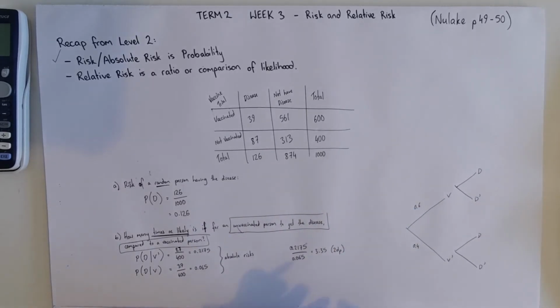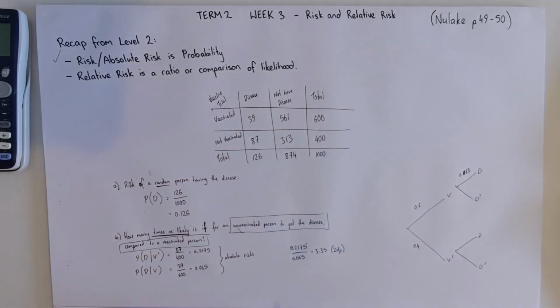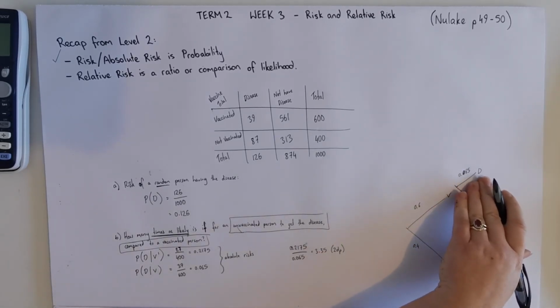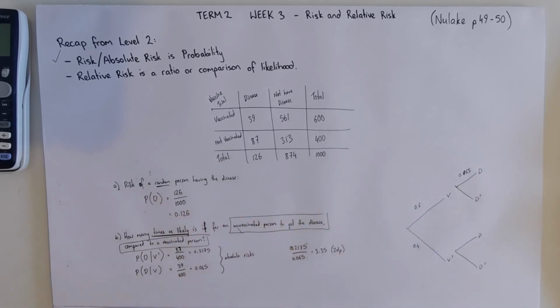We might have been given the information from the beginning. Whoops, I would need another 0 there. That the probability of being a diseased person, given that you were vaccinated, was the very small probability of 0.065.